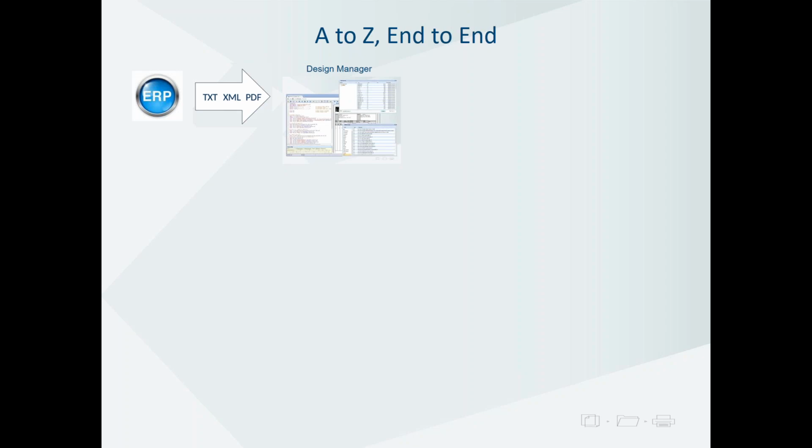But all that can be taken in through our design manager, and within the design manager, you can build very professional and active forms that can then be formatted and delivered via email, print, fax, to where they need to be when they need to be there. Most of you on this call probably are using the forms management piece today. So that's the first piece of the applications there.